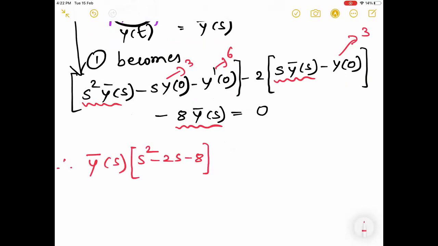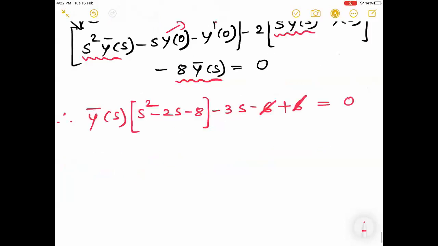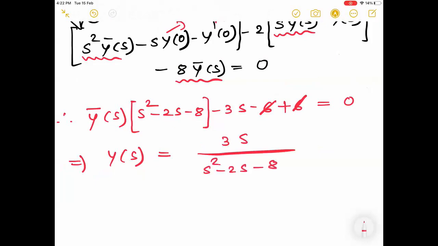And now the remaining terms are multiplied with y0, y dash 0. So just calculate them. So minus 3s, then minus 6. And from the second bracket, minus minus plus 2 into 3, that is 6, is equal to 0. Correct? So this 6 and 6 get cancelled. And therefore we get y bar s is equal to 3s upon s square minus 2s minus 8.